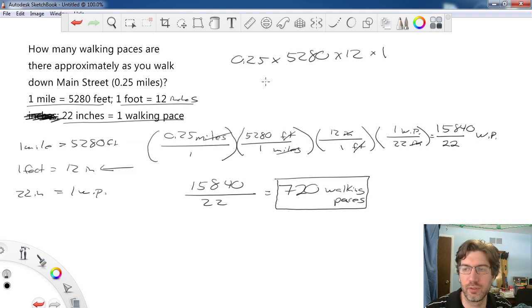Your number is way too huge. 5,280 times 12. And it wasn't the decimal point. Good, Eli. Good, good. So then just divide that out, and you should be getting your 720. Good job, Catherine, and good job, Evie.